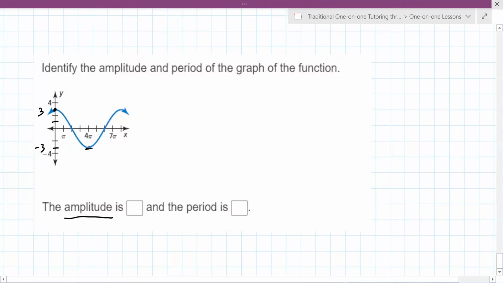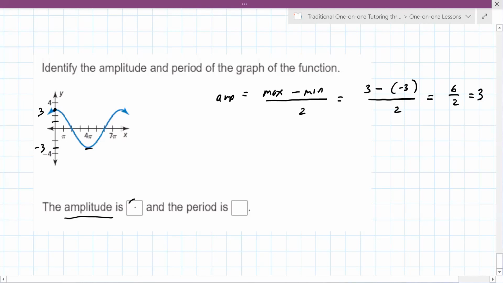So the amplitude is the max minus the min divided by 2. So 3 minus -3 divided by 2 becomes 6/2, which is 3. So the amplitude is 3.